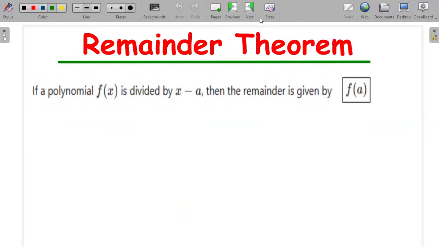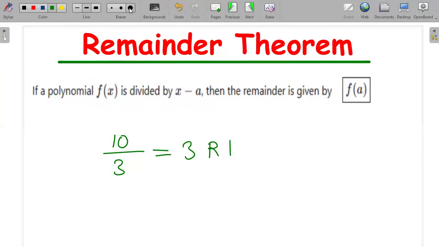We know that a remainder is just something that remains when you divide a certain number by a certain number, right? For example, if I say 10 divided by 3, you'd say 3 goes into 10 three times, and the remainder is 1. So this remainder theorem is just about the remainder.